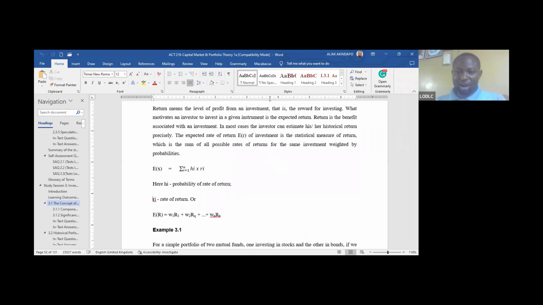The expected rate of return is equal to the probability of getting the investment multiplied by the rate, it might be sales, it might be profit, it might be anything. So that is the formula. Do you understand? So that is the formula.